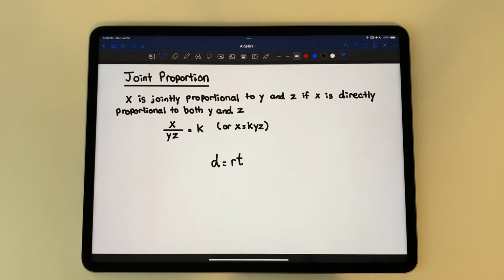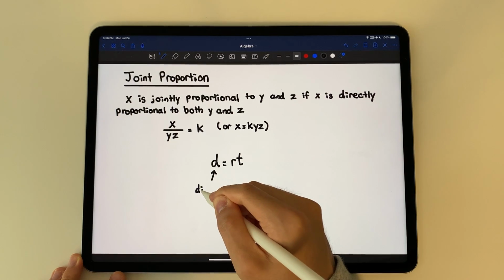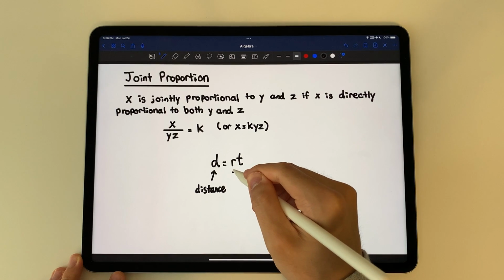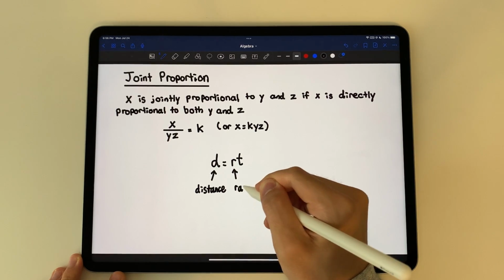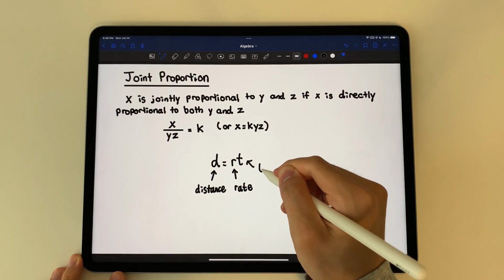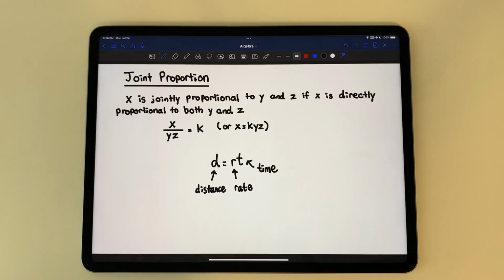And this stands for distance is equal to rate times time. And I'm going to be going over that more in depth in another video. But for now, this is just a little introduction. Now this is an example of joint proportion because we have three quantities being related with each other.